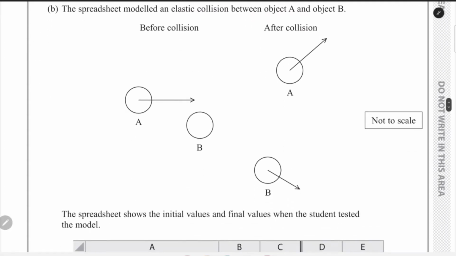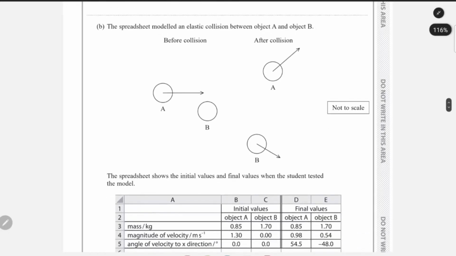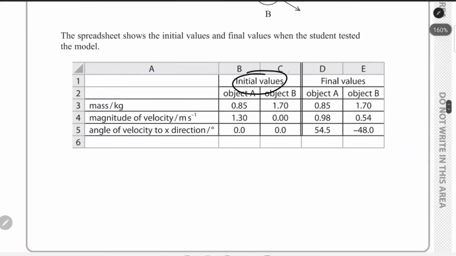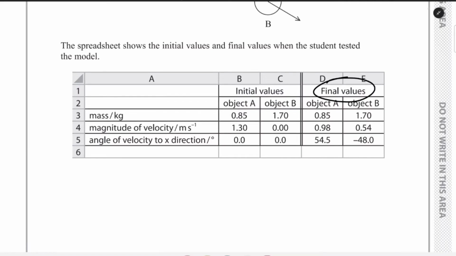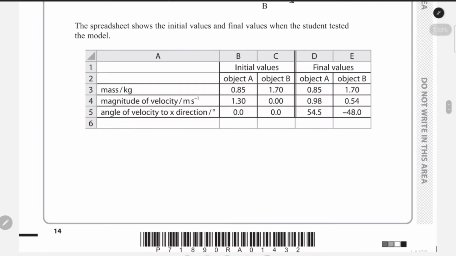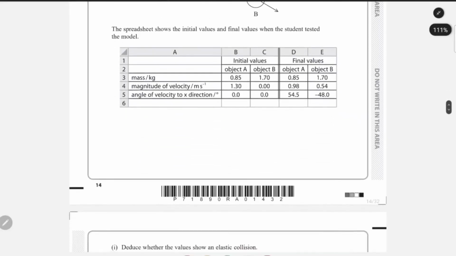Now we are given this spreadsheet over here for the initial values and the final values of the masses, the velocity, and the angle of the direction of motion.